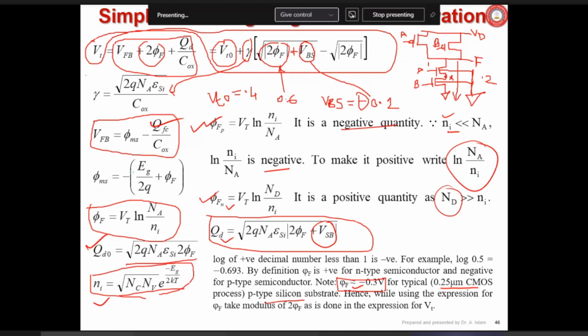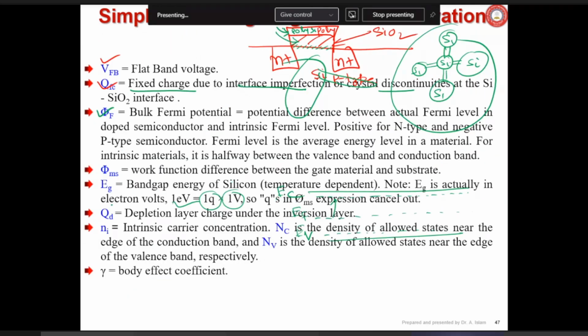Here, if you see, the phi MS equation has Eg, and Eg is expressed as Q into V, so Q gets cancelled. Basically, this is also voltage, this is also voltage. So phi MS is in voltage. The work function difference between these materials, and Eg is going to be voltage, because that is the energy gap, and in phi MS Q gets cancelled.